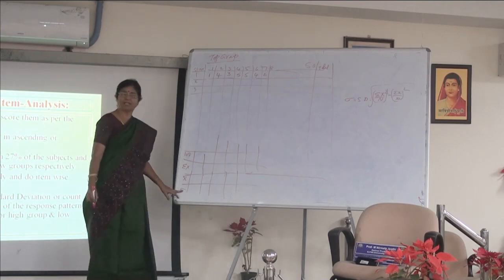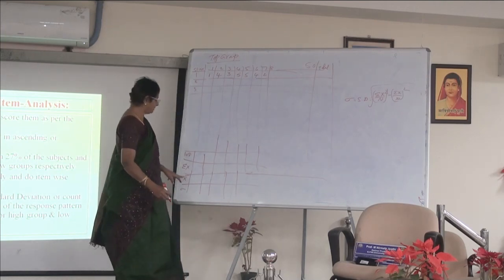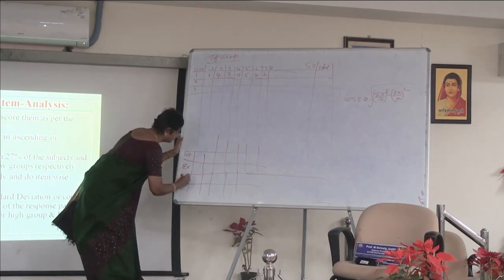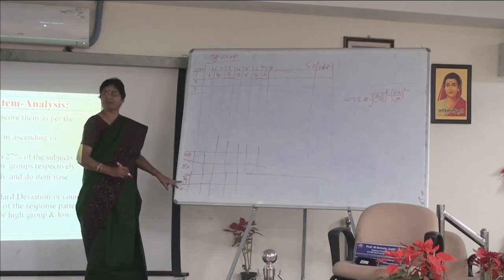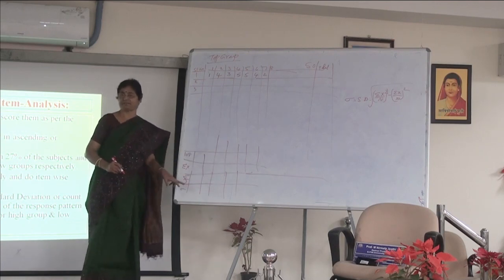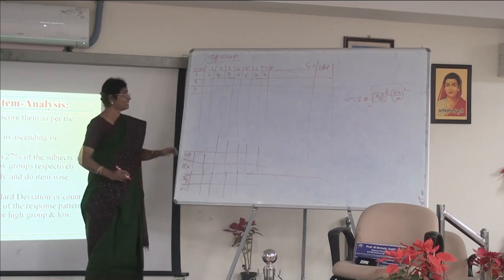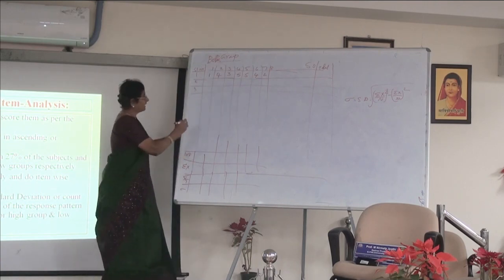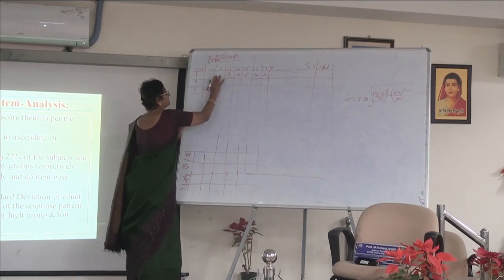Calculate, and this will give you the x bar of the top group for all 50 items. Okay? And similarly, repeat the procedure for the bottom group.